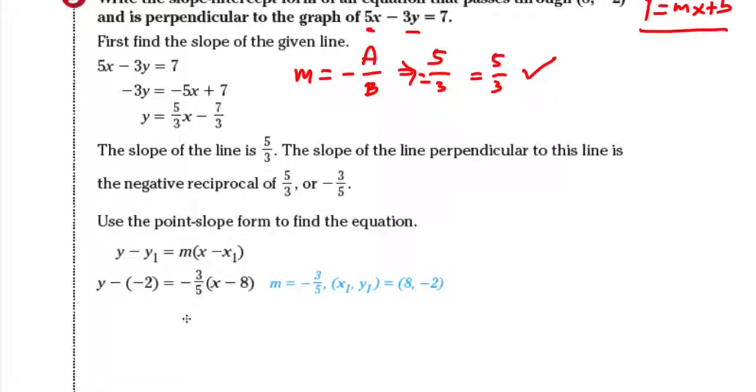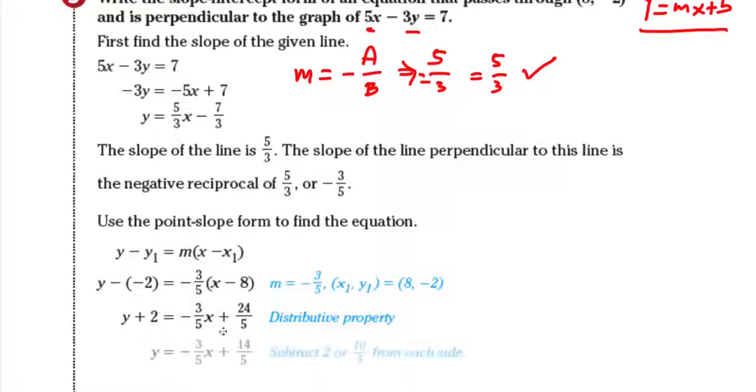So you now have y minus negative 2 equals negative 3/5 times x minus 8, using (8, -2) as x sub 1 and y sub 1. Simplifying it further, you have y plus 2 equals negative 3/5 x plus 24/5 using the distributive property.